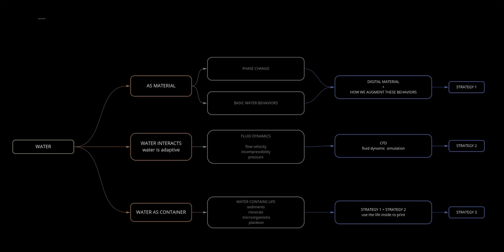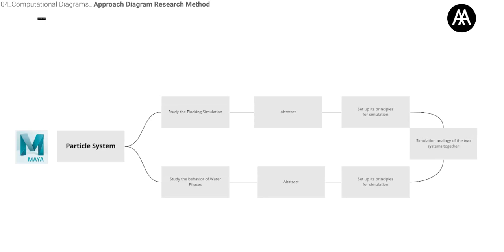At this point, as a first point in our research, we will focus on the first branch in strategy 1. So we studied the flocking simulation and the behavior of water phases.